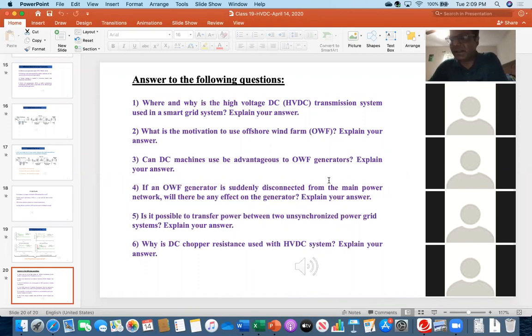For example, if it is AVR, as you said, you have chosen voltage, so explain why you chose voltage. If it is governor, speed is the input, so why have you chosen the speed, or why is it the output? Just what is the input, what is the output, and what is the reason to choose that. That's the question. Okay. Thank you.